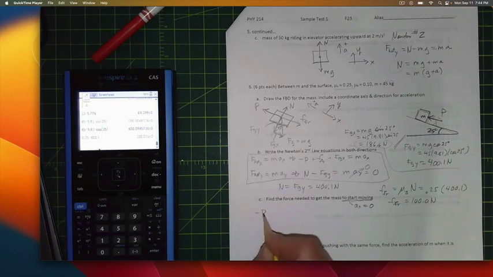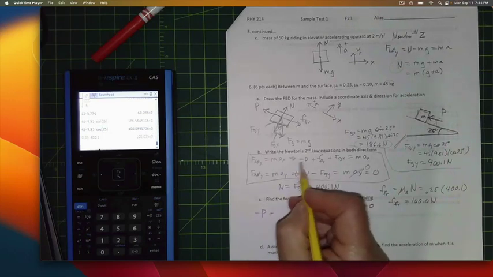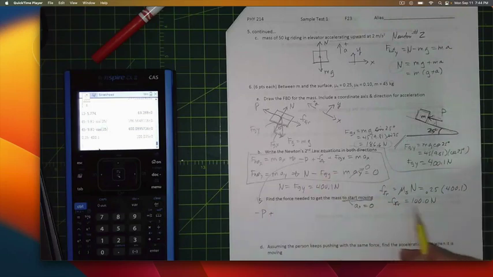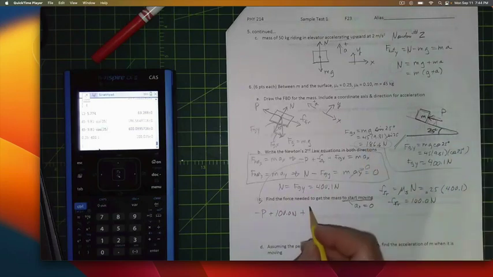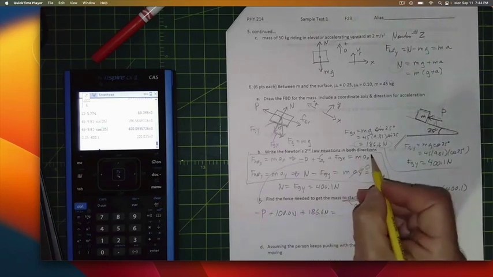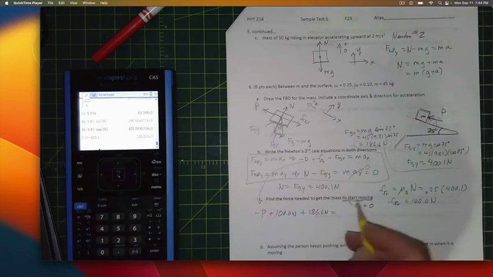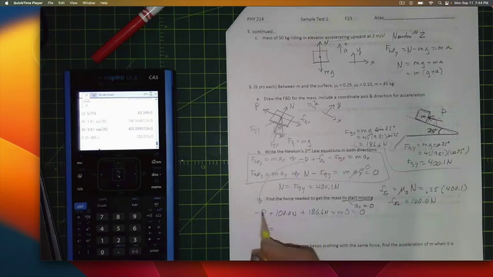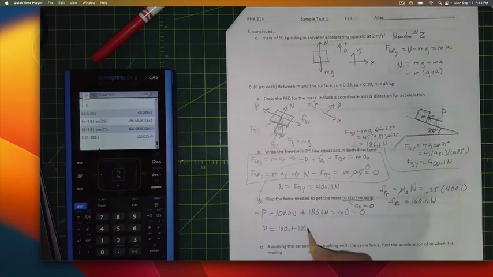We've got negative p plus F sub friction, which we just calculated as 100.0 newtons, plus F sub gx, 186.6 newtons, equals m a sub x, but we just said a sub x is equal to 0, so it's m times 0, which is 0. So we can just solve this for p. Bring p to the other side. P must be 100 plus 186.6.